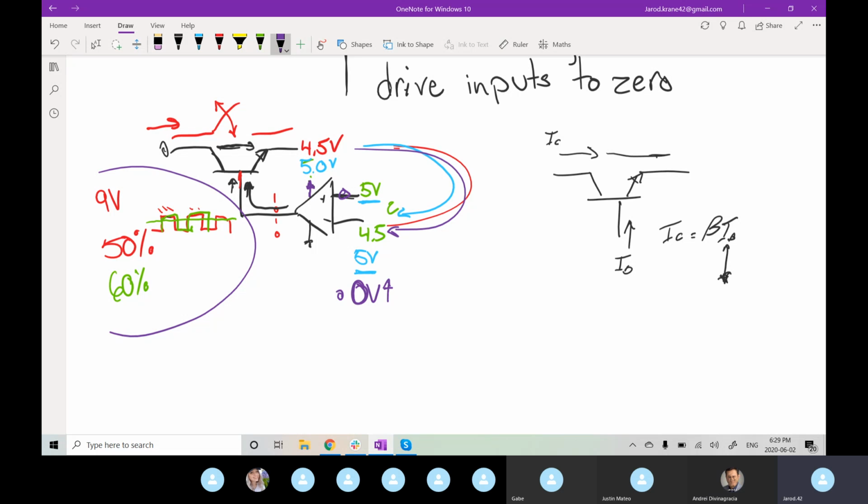So yeah, initially it's obviously not going to see your 9 volts right away because you haven't switched it on yet.